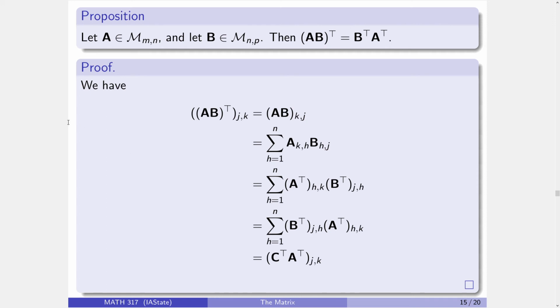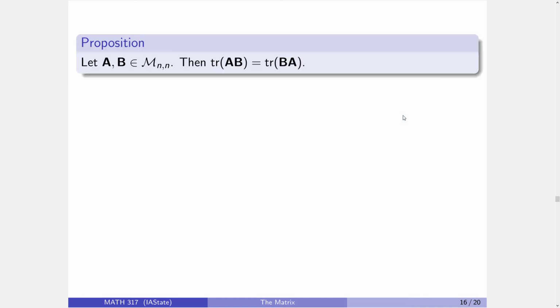Oh, I had it as C originally, and then I changed it to B for reasons beyond my understanding. Whatever, it wasn't worth it. It never is. All right, so this is a neat little fact, and as neat little facts go, this one will be appearing again. So that's neat, that matrix multiplication and transposing interact in a very nice way.